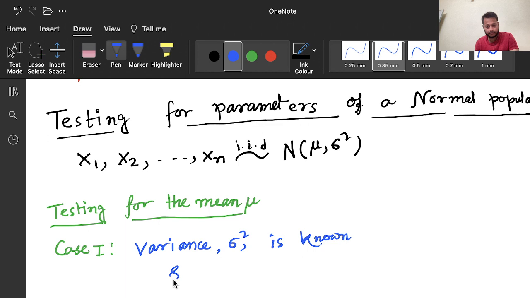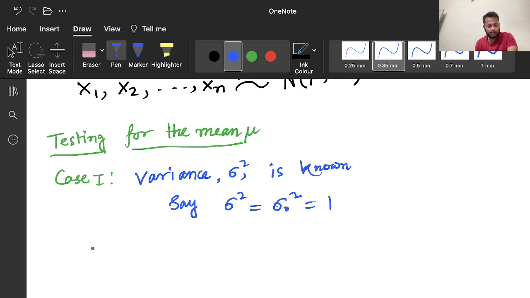So say sigma square equal to sigma 0 square equal to 1. Now here our composite hypotheses are: the null hypothesis is mu less than or equal to mu 0, and the alternative hypothesis is mu greater than mu 1. You see our hypotheses are not simple, because from the hypothesis we cannot determine the probability distribution.